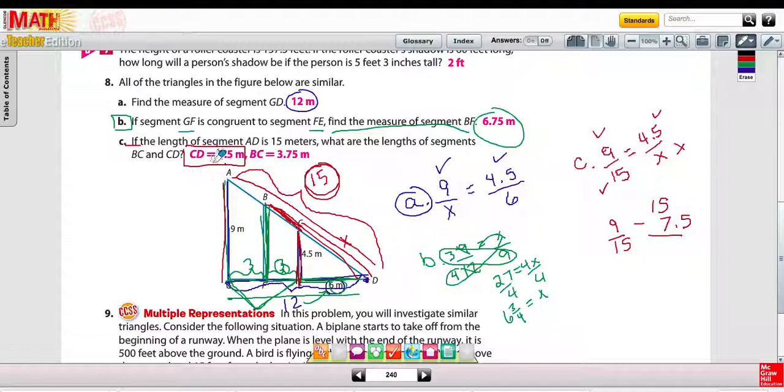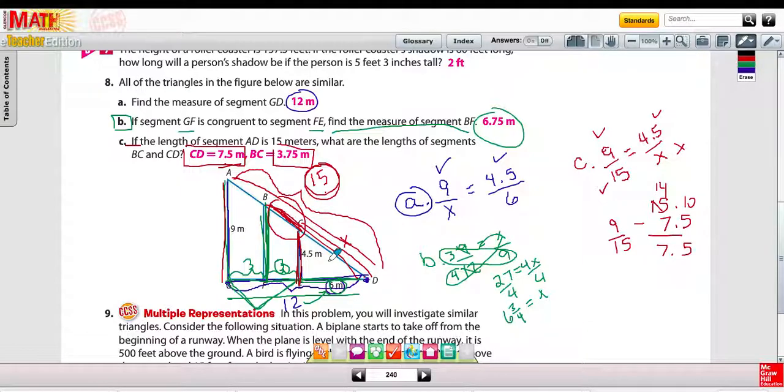CD is 7.5 and AD is 15. So 15 minus 7.5 is only 7.5. So I'm not quite sure here, BC, that's that segment right there.